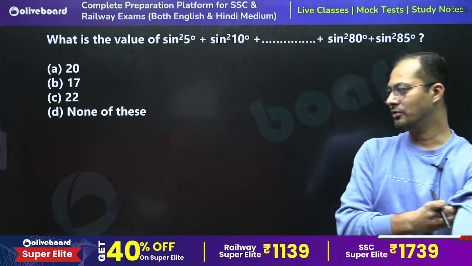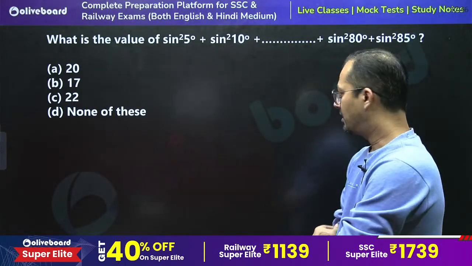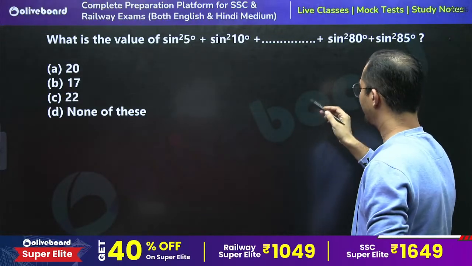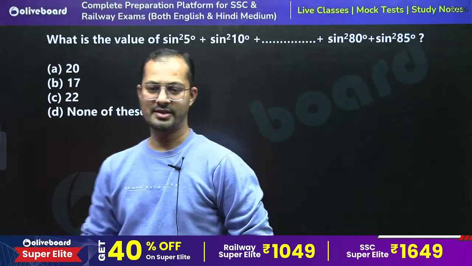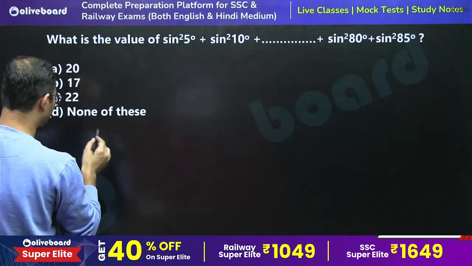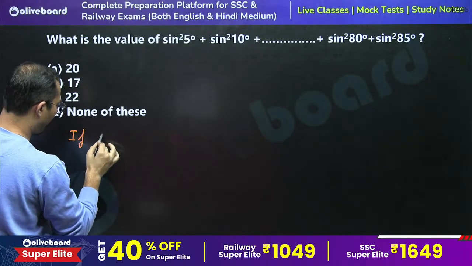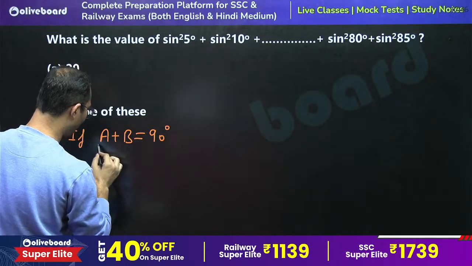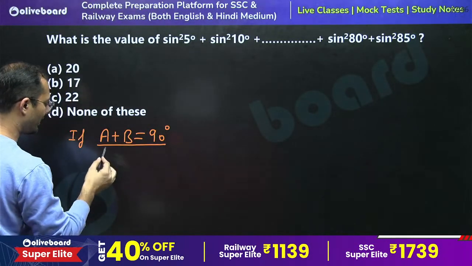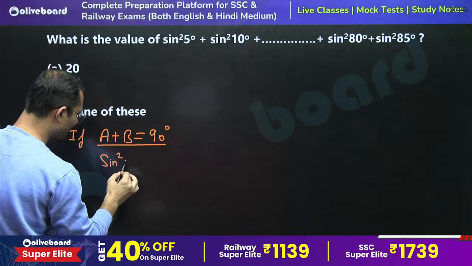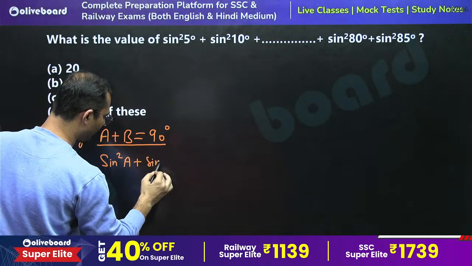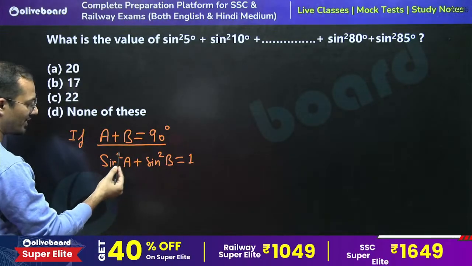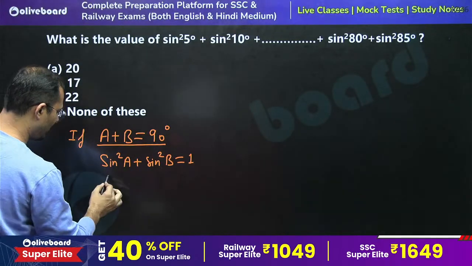So let me tell you one thing. I hope you all are aware about this, right? So one question you get from here, this is a conditional question, and you must remember that if angle A plus angle B is equal to 90 degree, then sine square A plus sine square B is equal to 1.